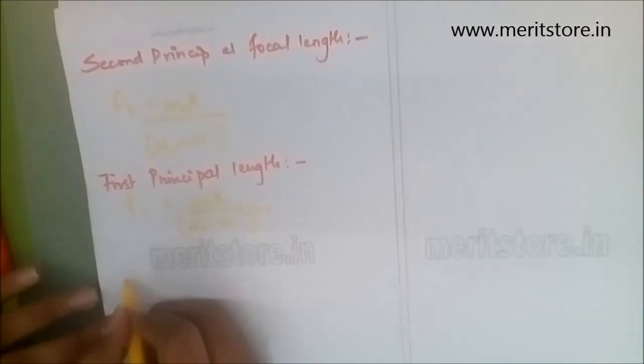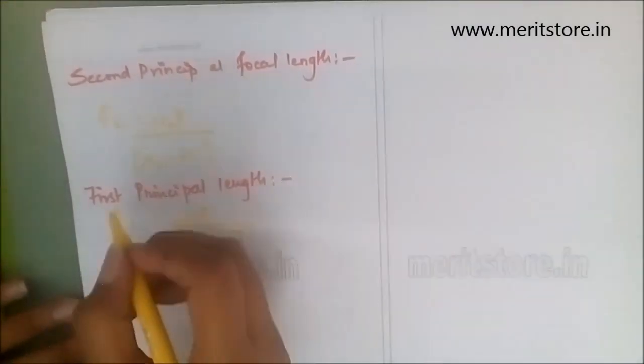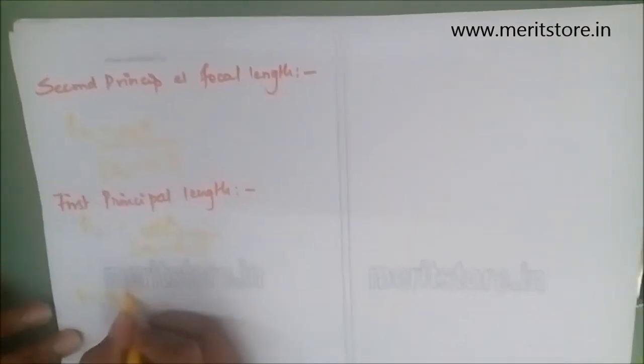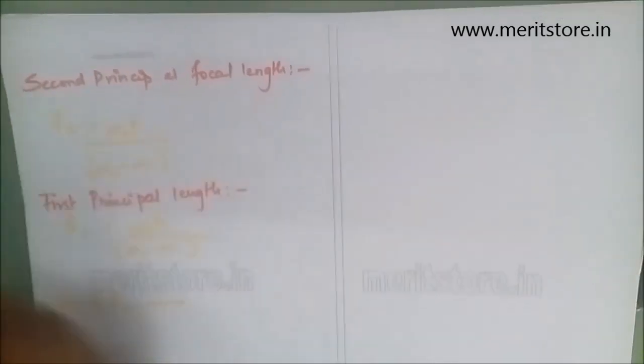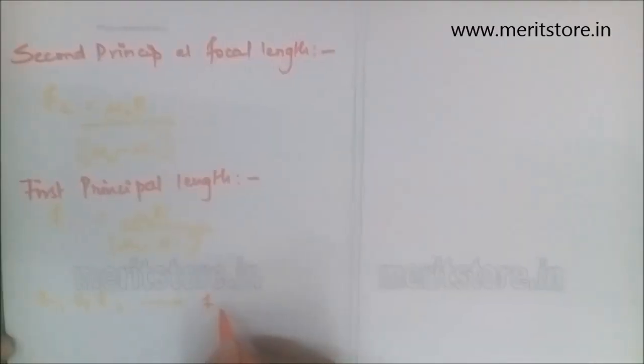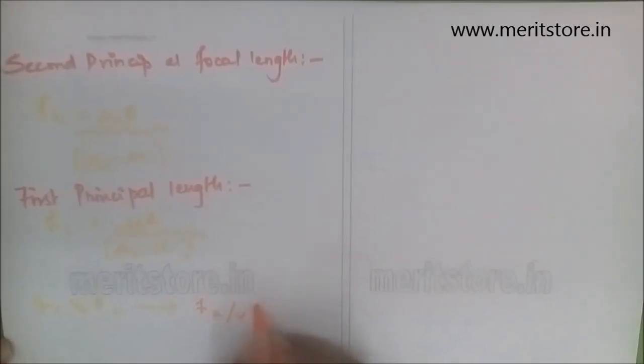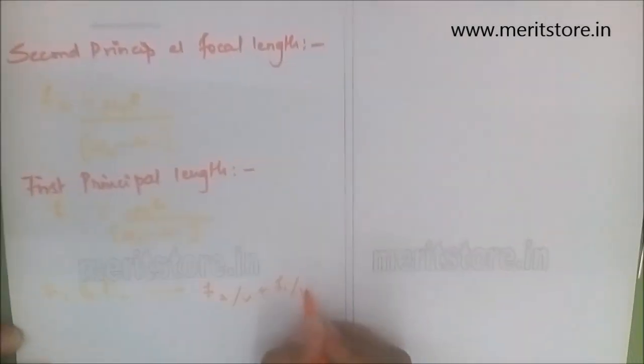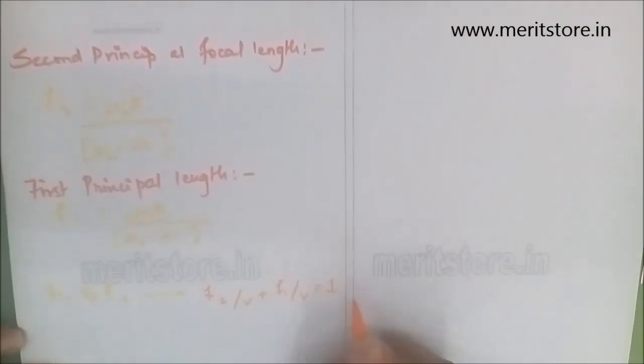The relation between F1 and F2 is F2 divided by V plus F1 divided by U is equal to 1.